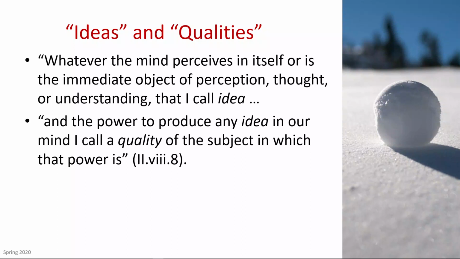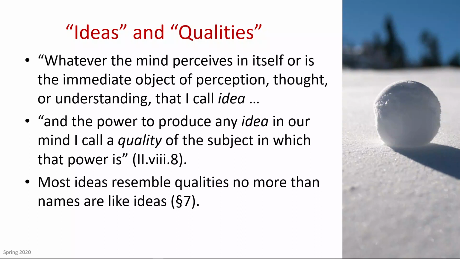But for now, and this is the last point we're going to discuss in this video, the point is just that to prepare the way for at least that possibility that some of our ideas, or maybe all of them, but he's going to say only some of them, don't resemble objects, we need to make clear that when we use these terms that refer to qualities, we need to make sure that we distinguish the idea of a quality and a quality that is claimed to be in an object itself.